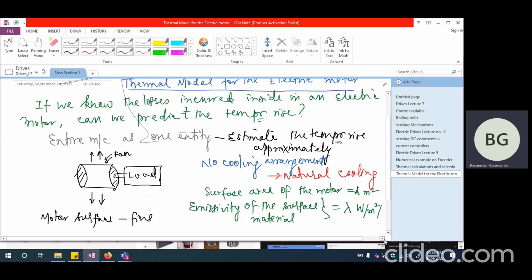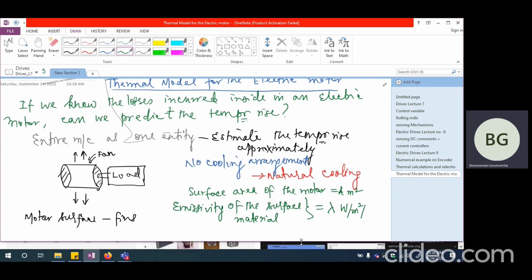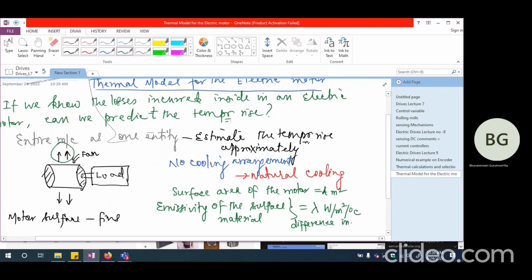And as the temperature of the surface increases further and further, it is going to emit more and more heat to the surrounding environment. So this is for a degree centigrade difference in temperature with respect to surroundings.